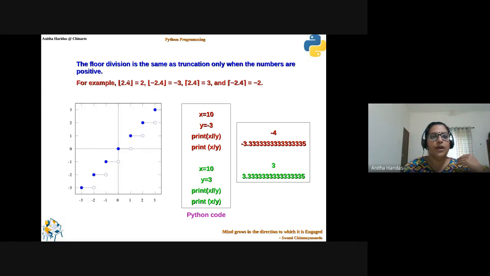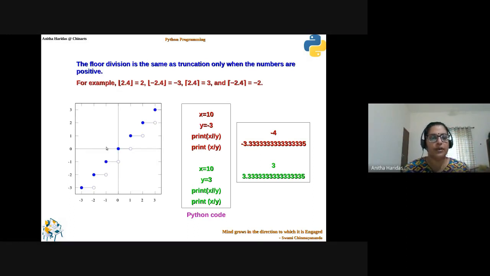Suppose you have 2.4, then the floor value of 2.4 is going to be 2, right? So 2.4 comes somewhere around here. The floor value is going to be 2. Whereas if it is minus 2.4, what happens?